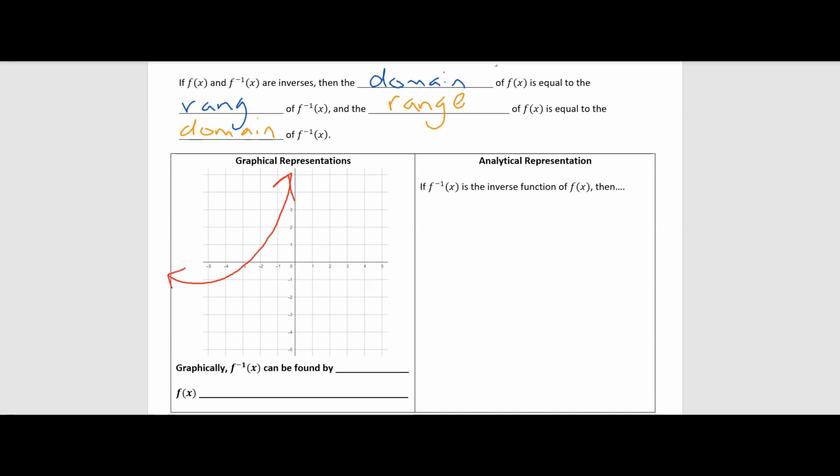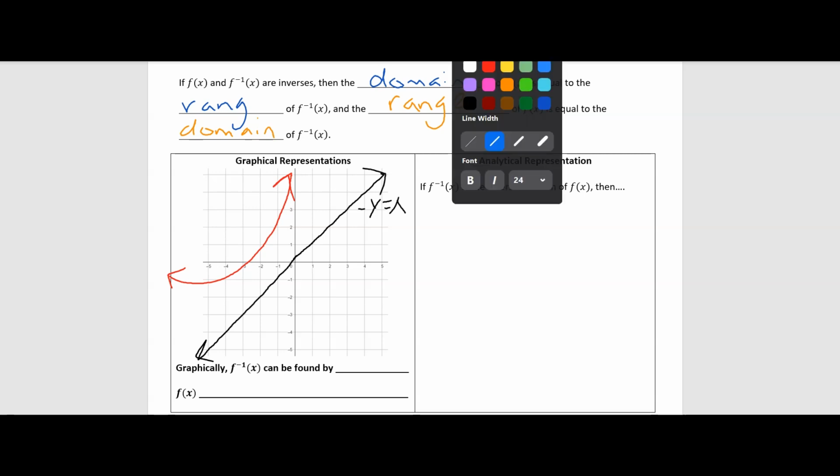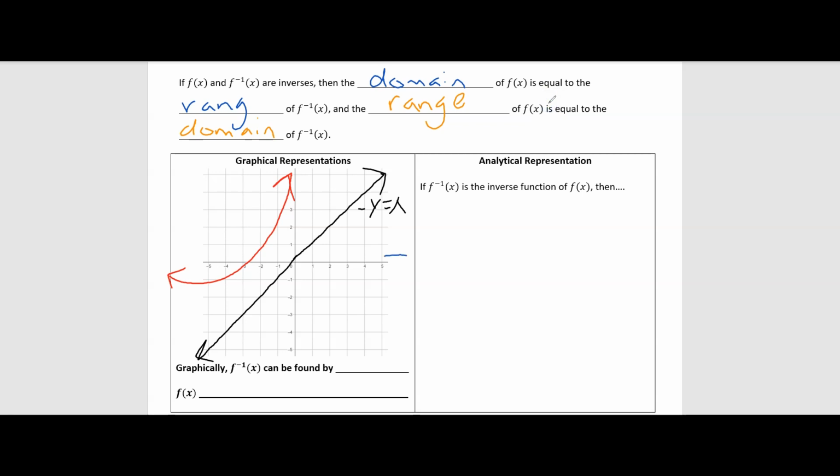Well, to find the inverse of f of x, you would reflect f of x over the line y equals x, and you would get something that looks like this. So these two functions, because you can reflect one onto the other over the line y equals x, would be inverses of each other.